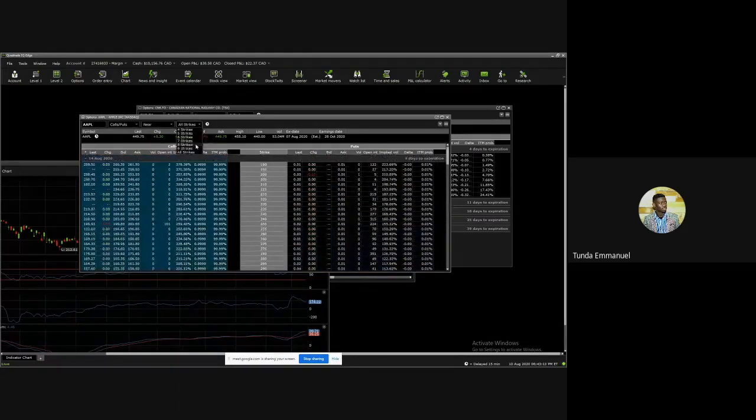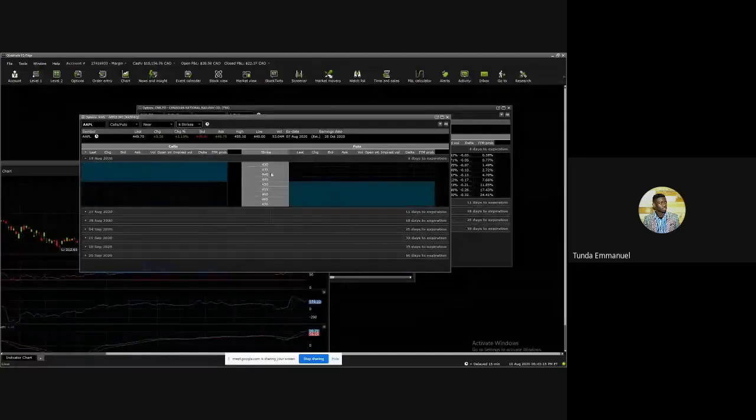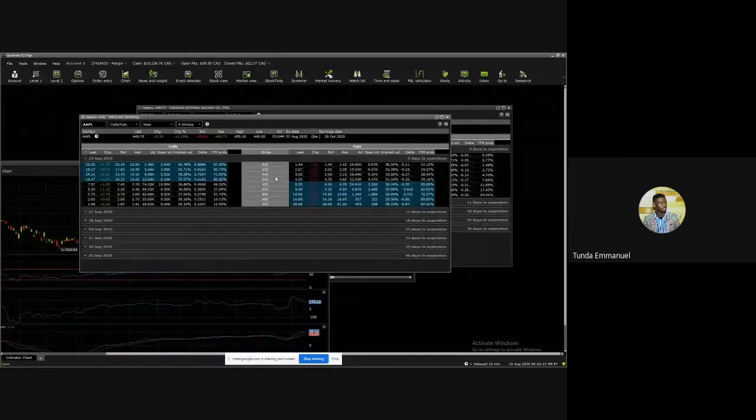And the other thing that you have to understand, which is very important, is the premium. Let me show you. Let's say you want to buy the 430 contract, and you want to buy a call. The calls are on the left side and the puts are on the right side.